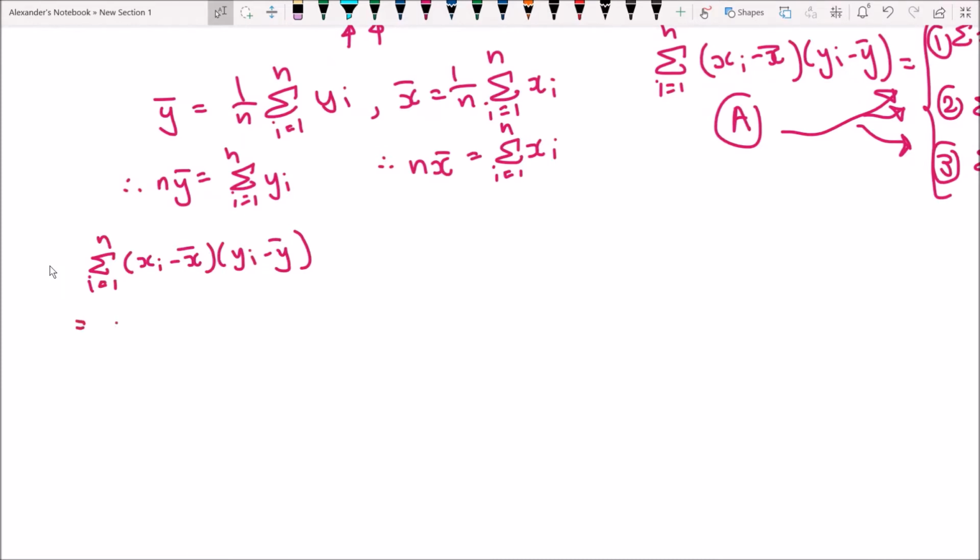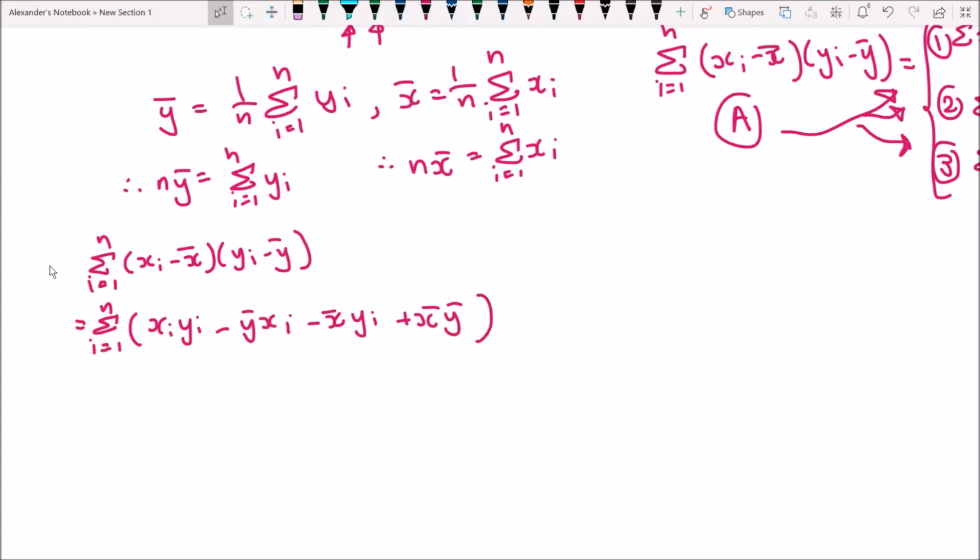If we expand the brackets, it becomes the summation from i equals 1 to n of xi yi minus y bar xi minus x bar yi plus x bar y bar, and all of these are still inside the summation operator.